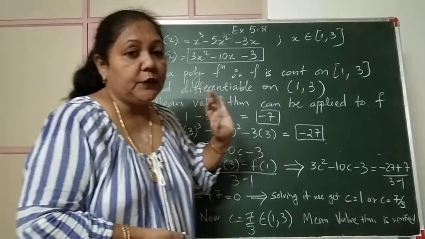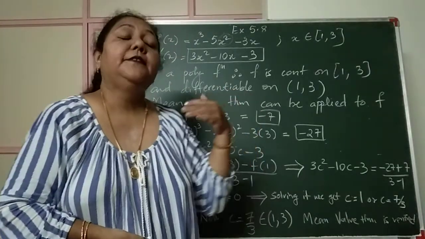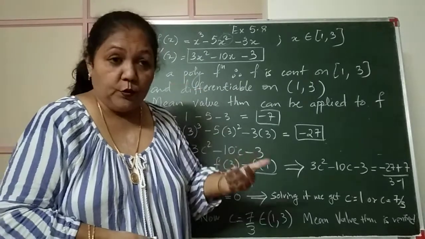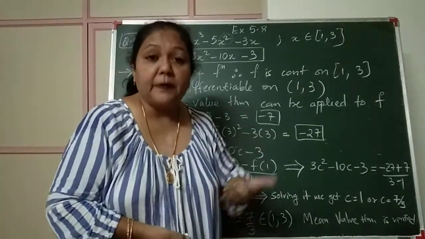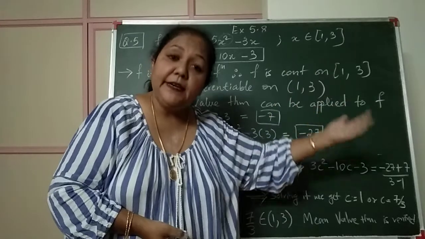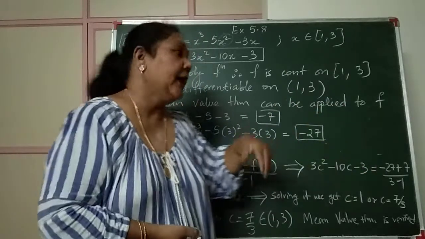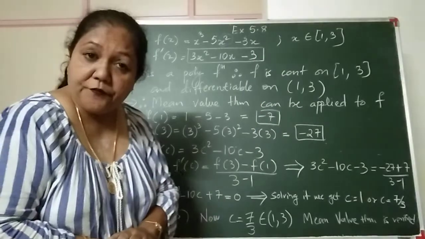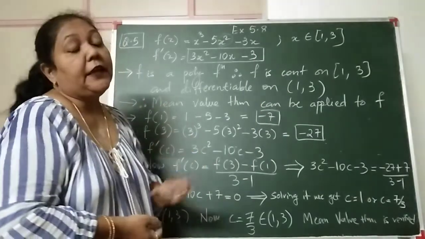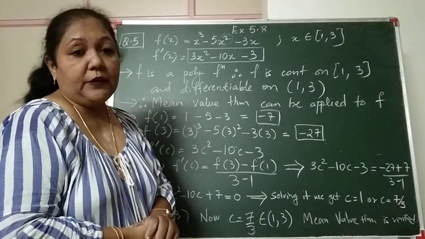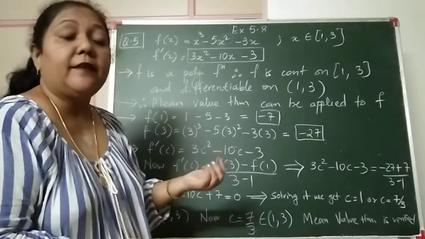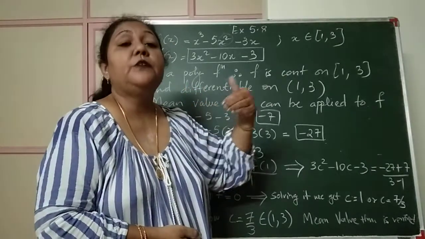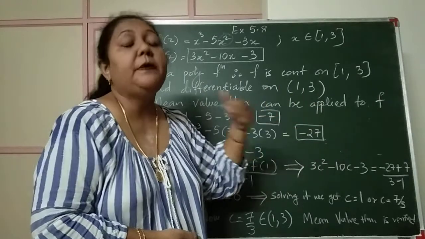If it is continuous and differentiable, then you say that therefore mean value theorem can be applied to the question, right? So I said therefore mean value theorem can be applied to f. Now if you want to apply mean value theorem, you must have f dash of c equal to f of b minus f of a upon b minus a.